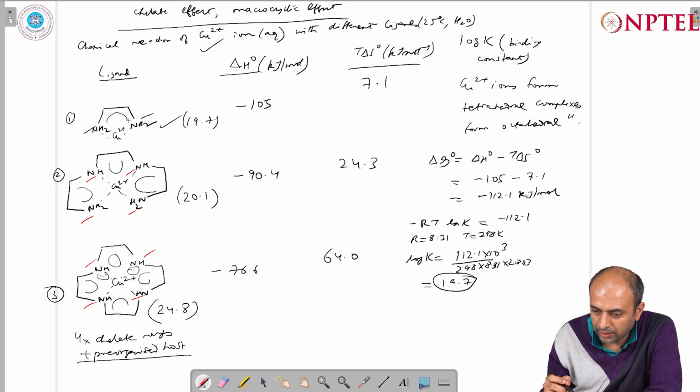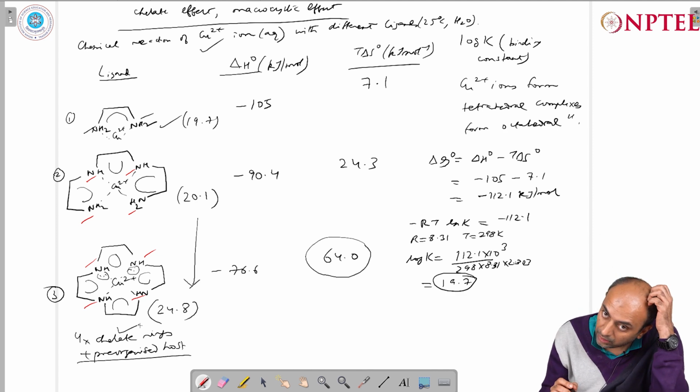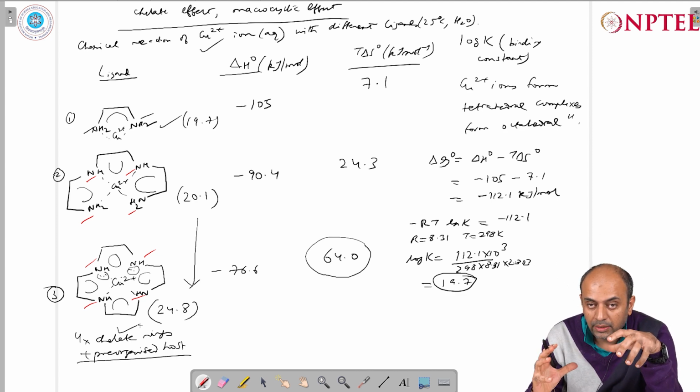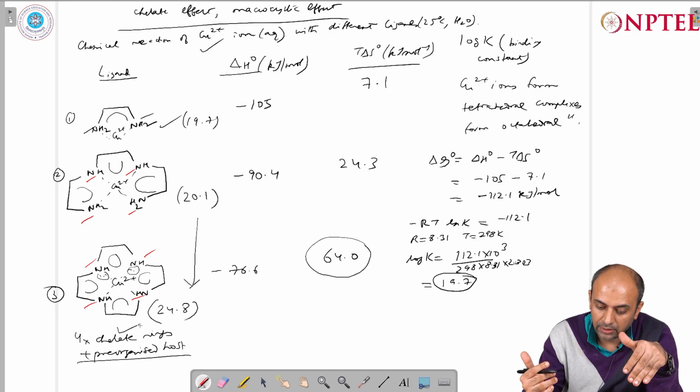So, the macrocyclic effect actually enhances the binding constant of the complex, and you can also see that the T delta S0 term is most favorable for the pre-organized host, as we realized that if the host is already pre-organized, then the unfavorable entropy loss does not take place, because conformational change is not necessary.